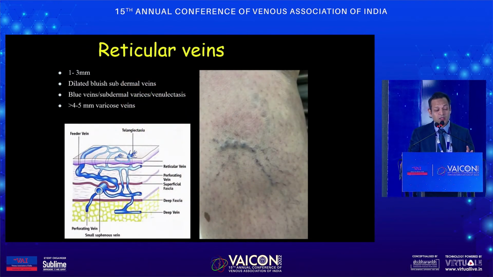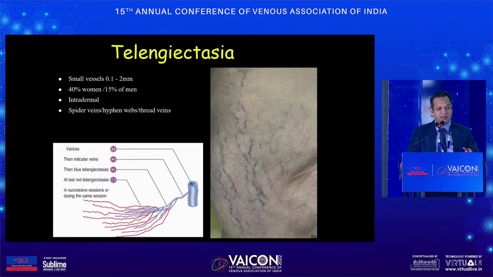I'll tell you what. There are two types of veins you have to understand. One is the reticular veins, the blue color veins, what you can see over here, and they are 1 to 3 millimeters. Please pay attention to the diagram below. First the veins are blue, and then when they branch out, they become slightly less blue, what we call telangiectasias, and then they also become red. So on the skin, you will see sometimes blue, sometimes red veins.